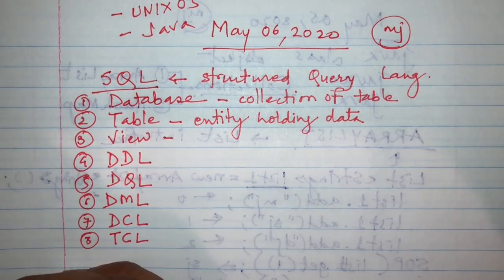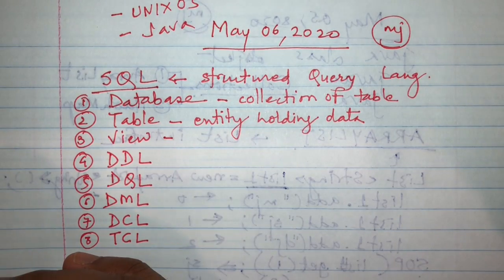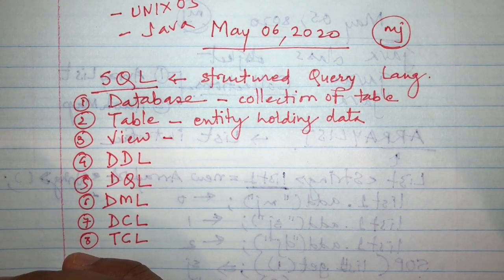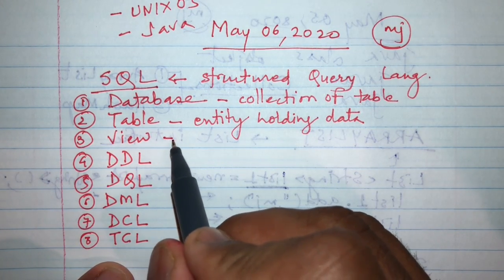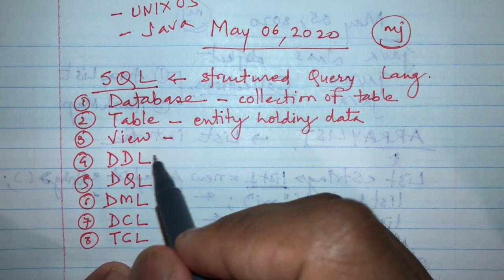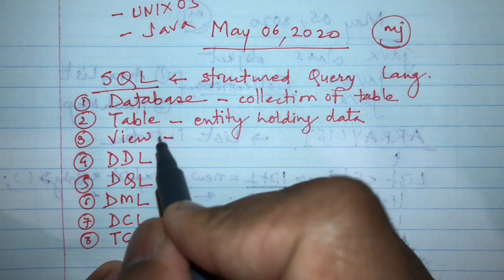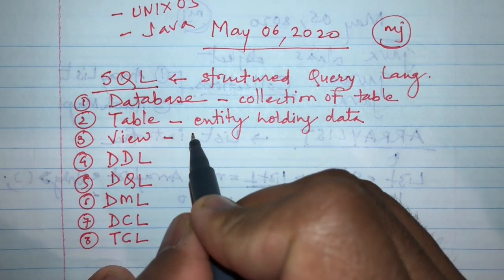A view acts like a table, but it doesn't physically store the data. It is just a reference to a table, and whenever you want to see the data of a view, it actually goes to the table on which that view is created, and that's how it fetches the data.